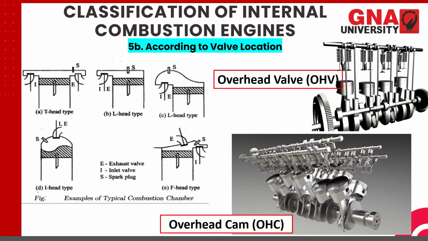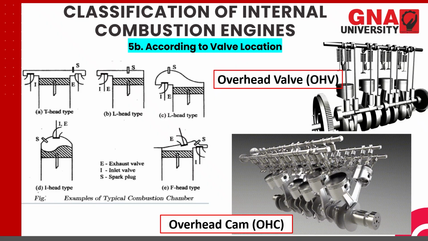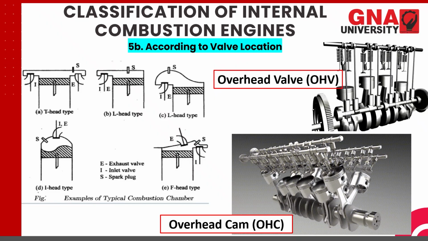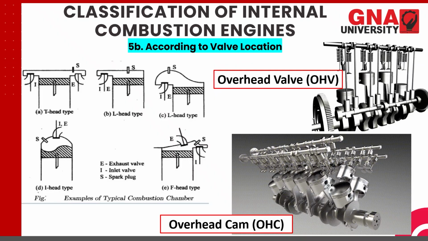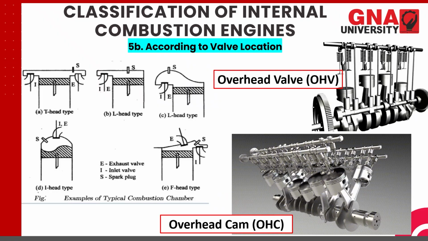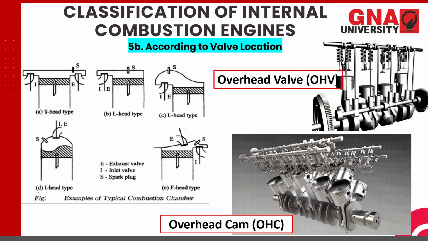Then according to valve location, we also have another classification, which we term as overhead valve and overhead cam. You can see here in the first diagram, the camshaft is located at the bottom, whereas the valves are located overhead of this cam. So hence the name overhead valve.